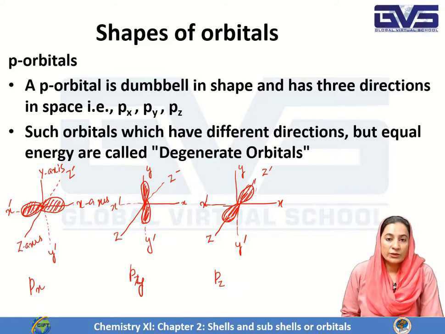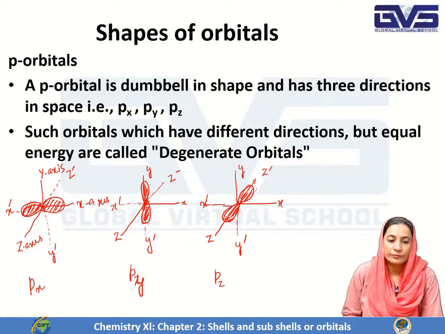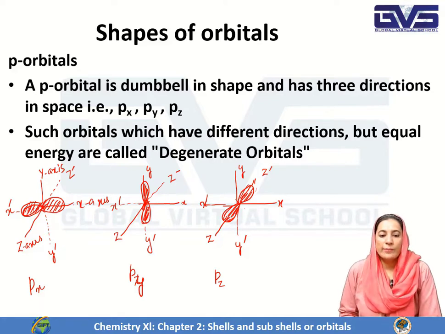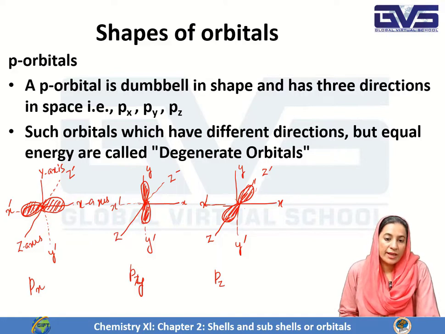Now the electron revolves in a dumbbell shape. The electron revolves around this path, and where the probability of finding the electron is minimum, this is called the node, this area. Because they only change their orientation, they have the same energy and the same shape, and these are called degenerate orbitals.